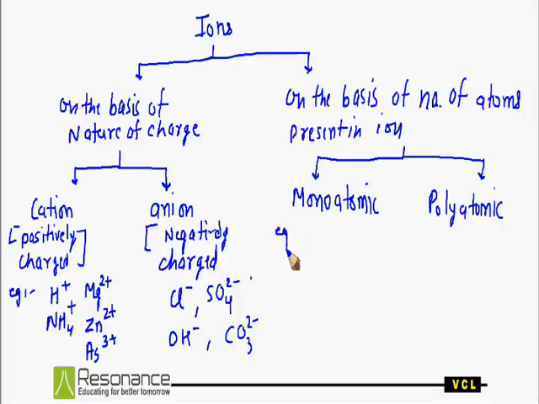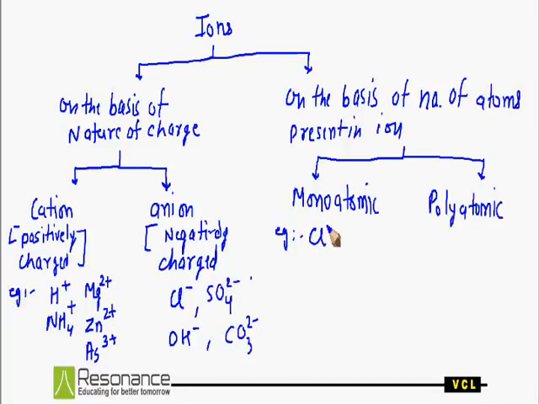Now we can say that if an ion has only one atom, then it is a monoatomic ion. And if an ion has more than one atom, then we can say that it is a polyatomic ion.